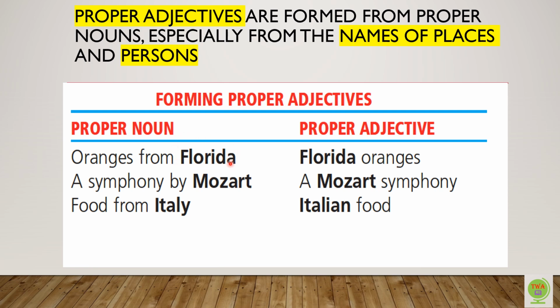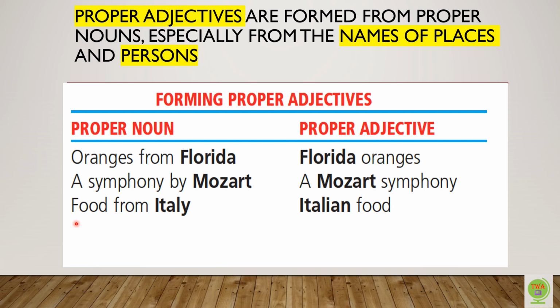Florida here is a proper noun, and don't forget the proper noun should start with a capital letter. And then the second one, a symphony by Mozart. Mozart here is used as a proper noun. And don't forget again to start it with a capital letter.